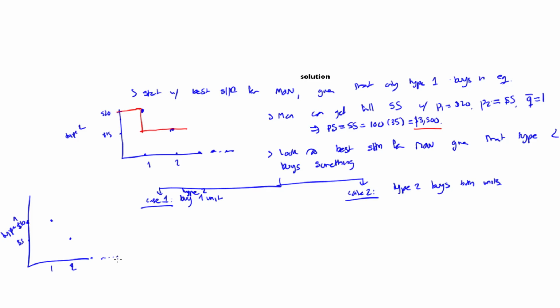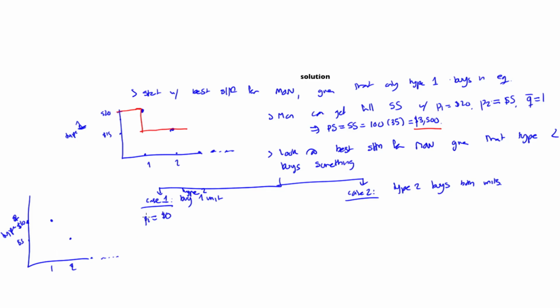0. Now clearly the goal of the monopolist is to keep this price P1 as high as possible to extract as much revenue as possible from type 1, sorry, this is type 1 and this is type 2. The best they can do then is set P1 equal to 10.